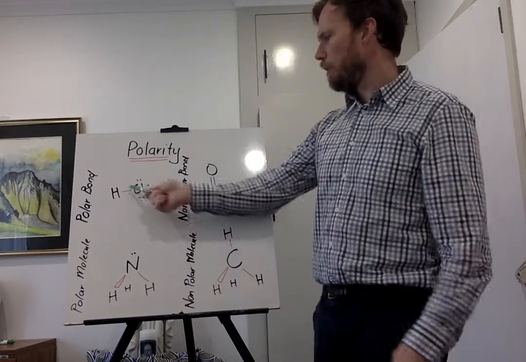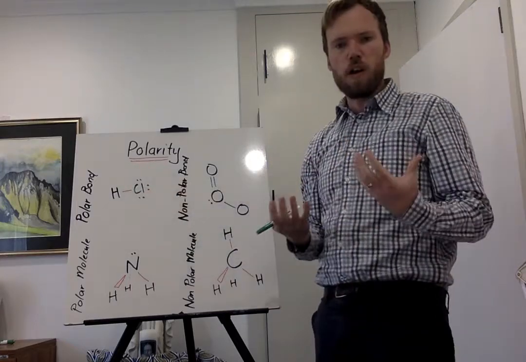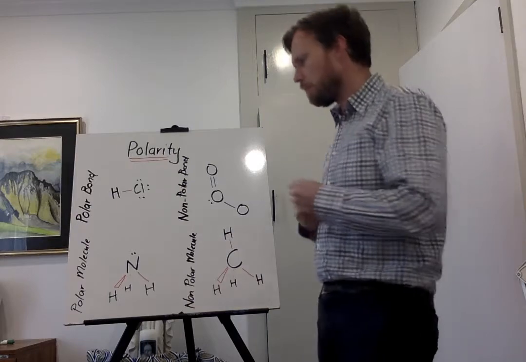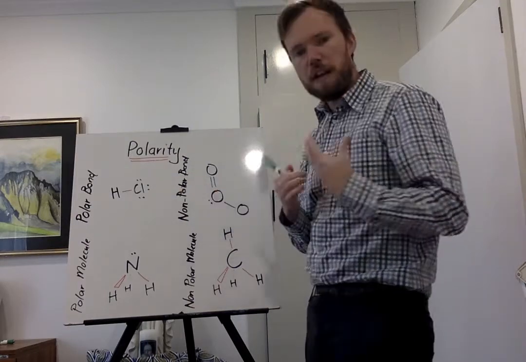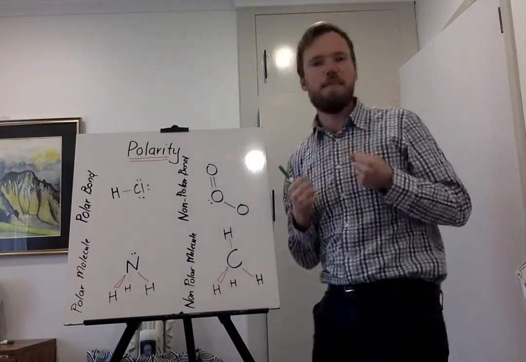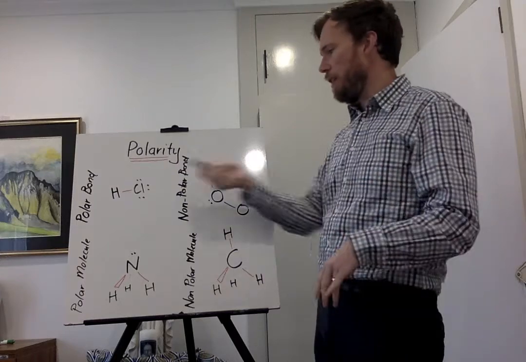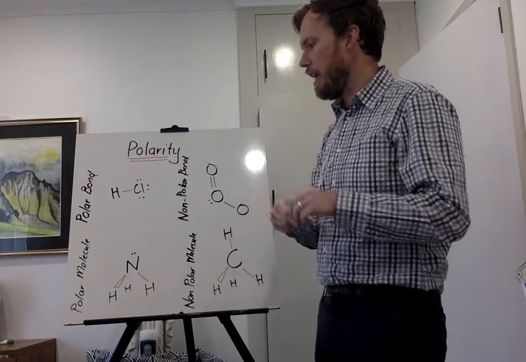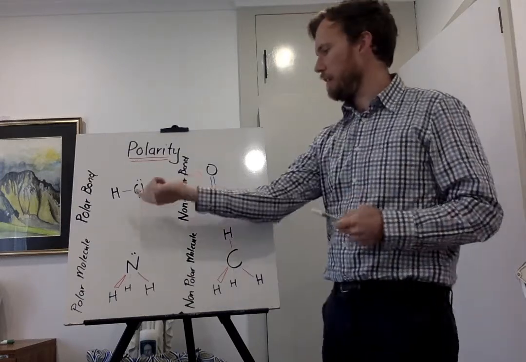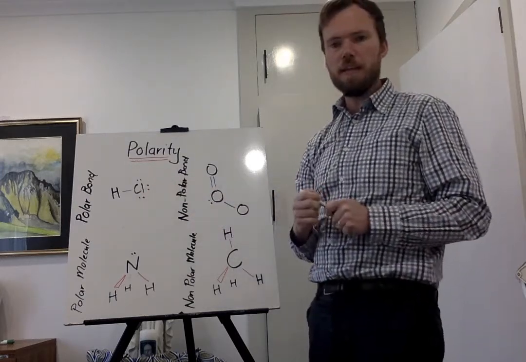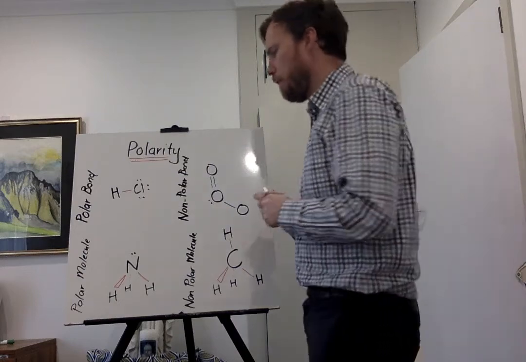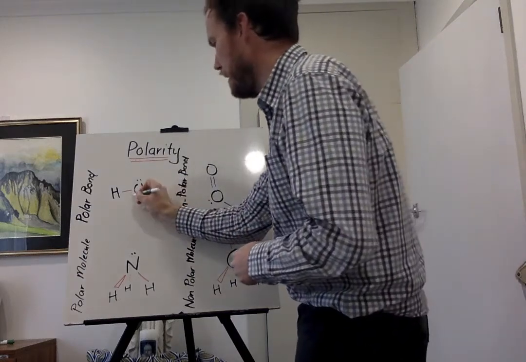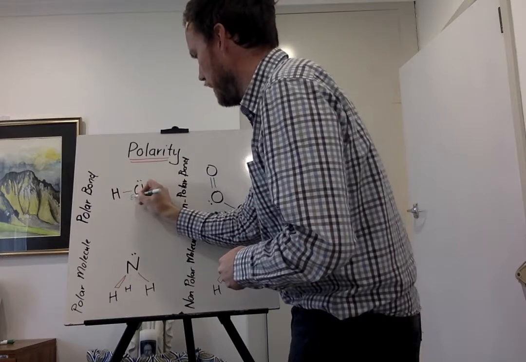On the other hand, if we look at something like hydrochloric acid, HCl, the chlorine is more electronegative. It's more of an electron hog than our hydrogen is. This means the electrons are clustered down the chlorine end, and we get a slightly negative charge because there's more electrons down there.